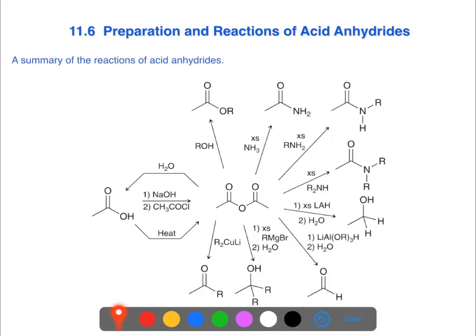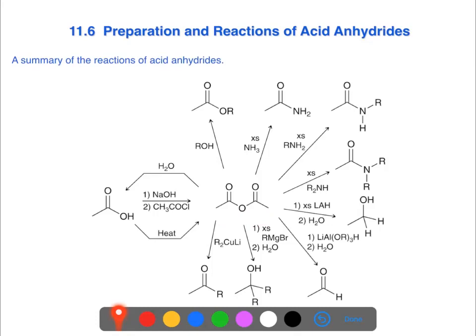And so like we saw in the previous video, here is a figure to represent and summarize the reactions of acid anhydrides. And it's basically the same as what we saw for acid chlorides, the only difference being the methods of production for the formation of anhydrides.